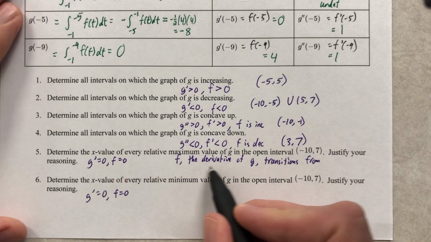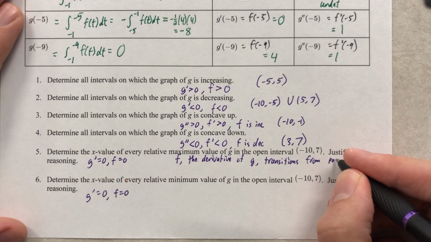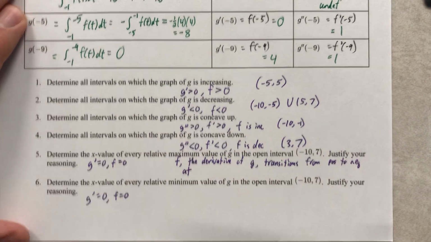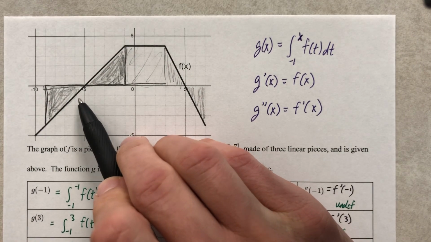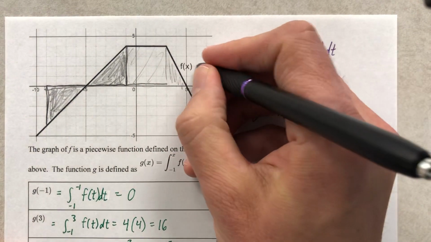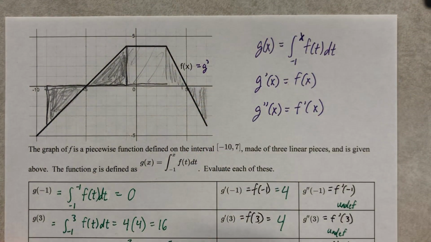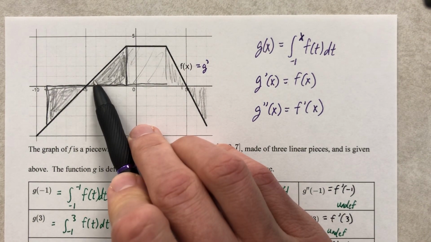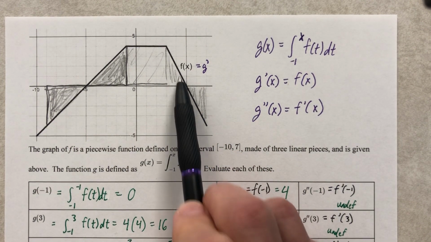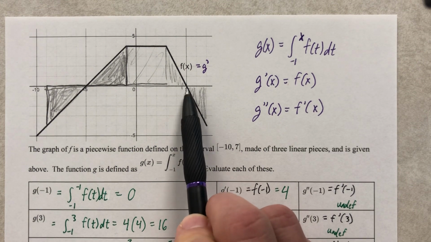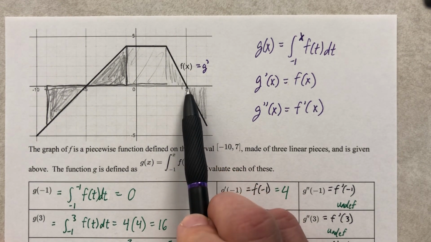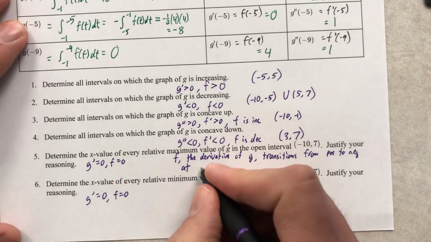Okay, f, the derivative of g, transitions from positive to negative, where? At, okay, does f, which is g prime, transition from positive to negative here? Or does it transition from positive to negative here? It's here. Positive to negative. Original function, g, was increasing then decreasing at x equals 5.